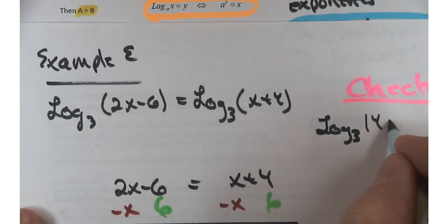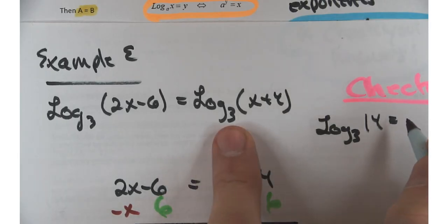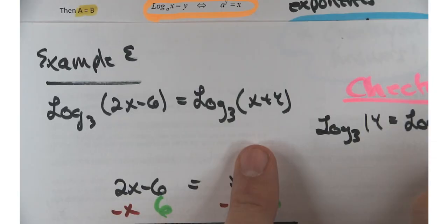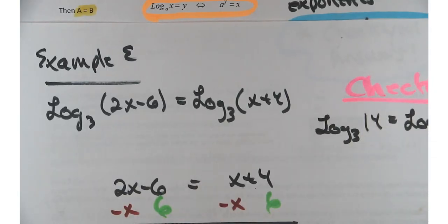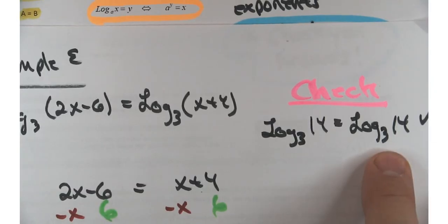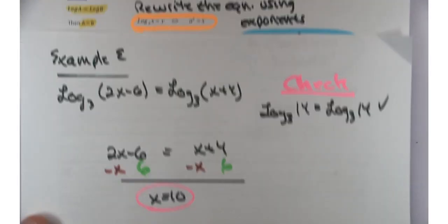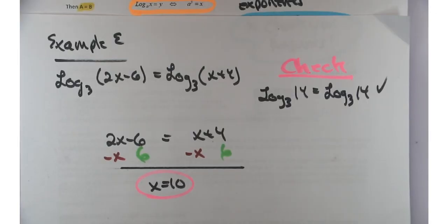So I have the log base 3 of 14 equals the log base 3 of 14. Well, that's true. Now, it doesn't matter exactly what the log base 3 of 14 is. It's certainly going to be true.